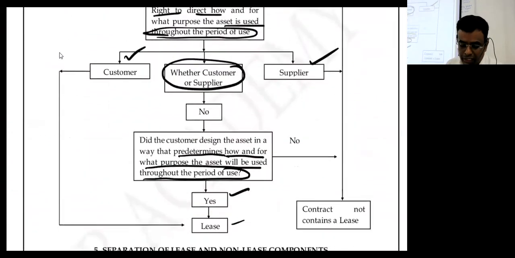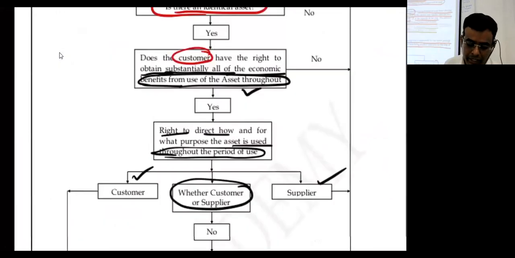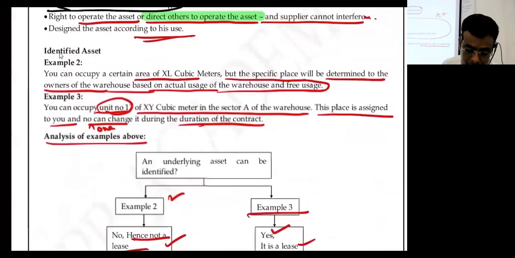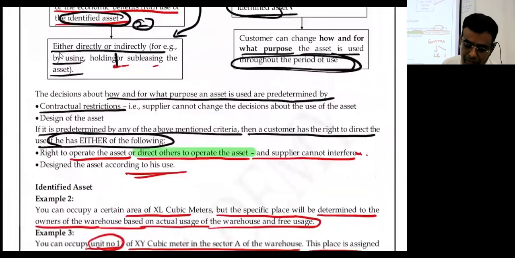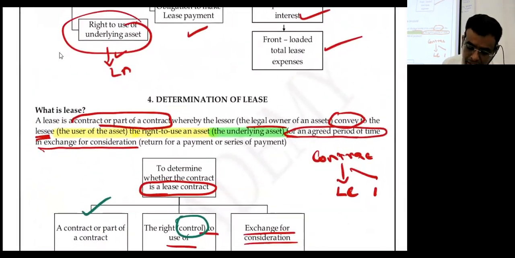Okay. So right now we learned two things. One is identified assets. Next is rights of control. Based on these, lease or no lease. Look at the definition of lease: a lease is a contract whereby the lessor conveys to the lessee the right to use an asset for an agreed price, in exchange of consideration.